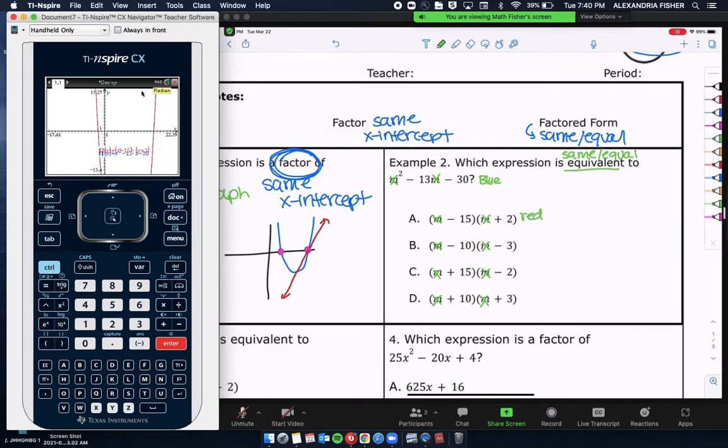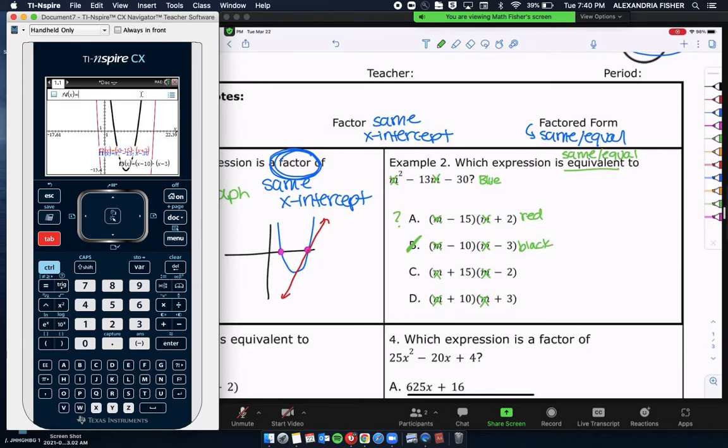That means this is my answer, but let's check B, C, and D. So let's press tab, x minus 10, parentheses, x minus 3, parentheses, enter. That's black. It didn't come out right on top, so that's eliminated.